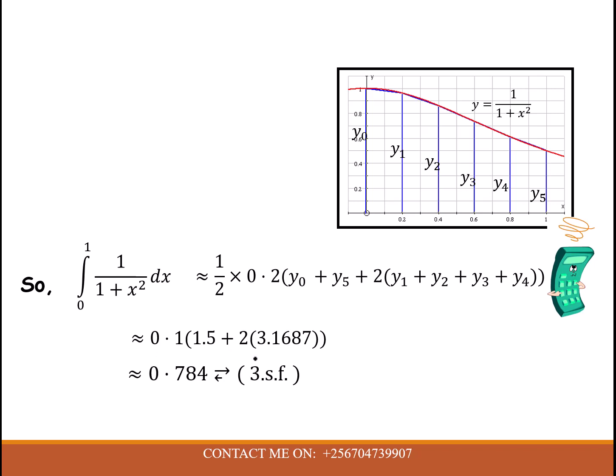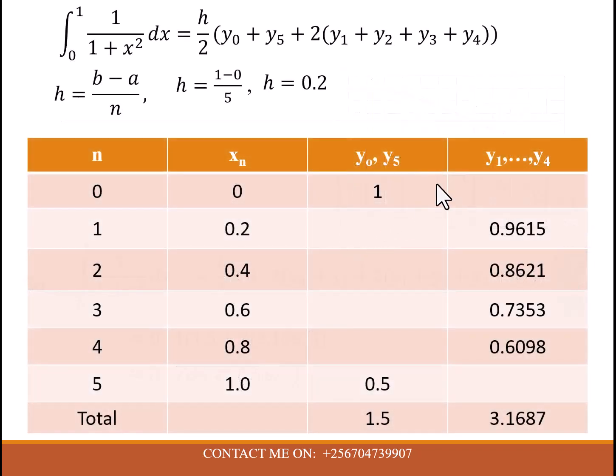0.784 to 3 significant figures. One point you must note: when they say put your answer to 3 significant figures, you must never use 3 significant figures in your calculations. For example, here I was calculating using 4 significant figures, meaning if you are to put your answer to 3 significant figures, then in your calculations you use 4 significant figures, except where they are exact values.